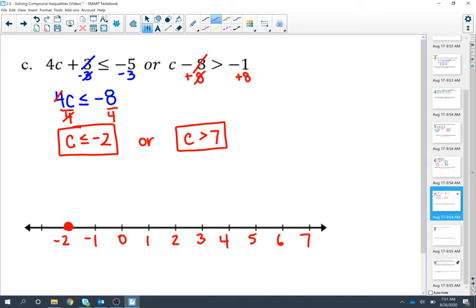So closed dot, less than, shading to the left. C is greater than 7, open dot, shading to the right. And notice this time there's no overlap. So your solution is either down here in the red or up here in the blue. So graphically, your solution is both of these, and then algebraically, your solution would be written like that.